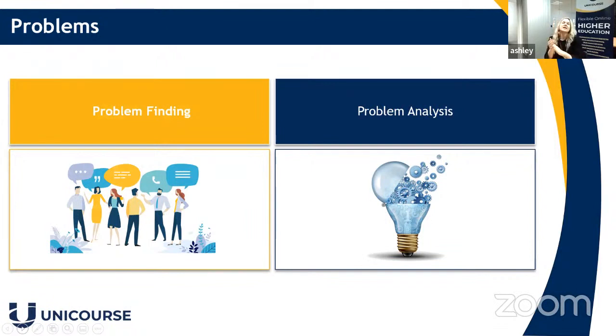So you can consider there's two ways to resolve a problem. You've got the rational process, which looks at a logical and organized sequence of events to be able to resolve that problem.